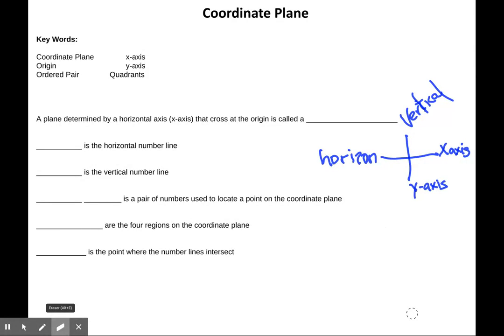All right. A plane determined by a horizontal axis is called a coordinate plane. That should be something that you guys already know.